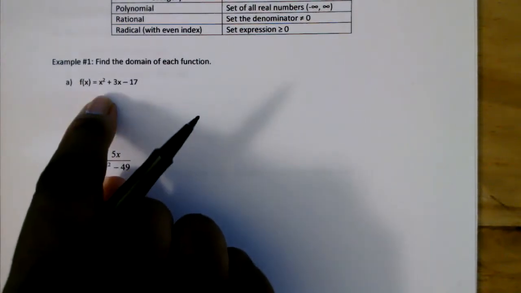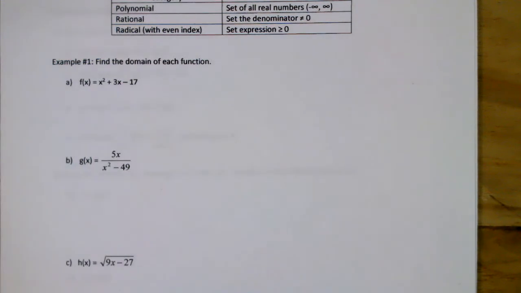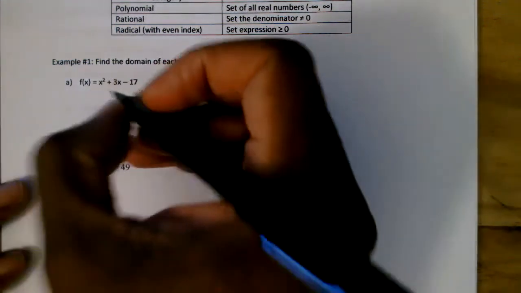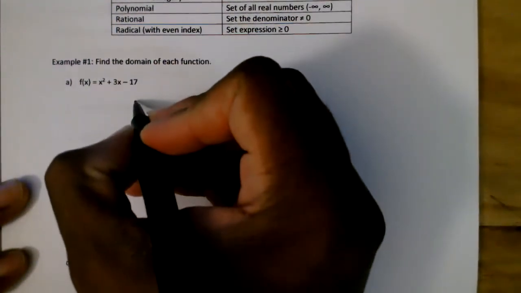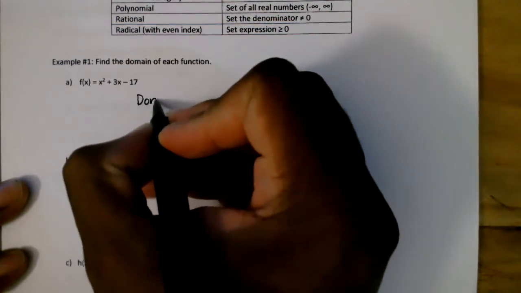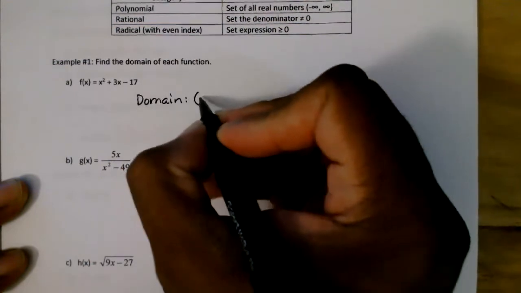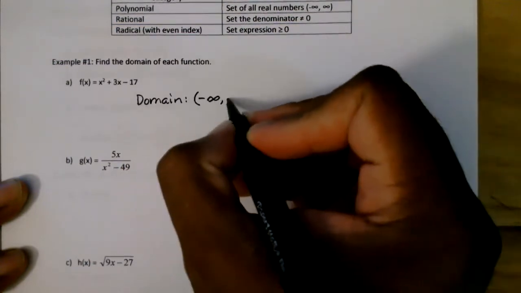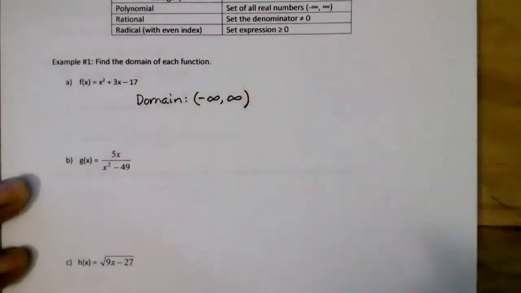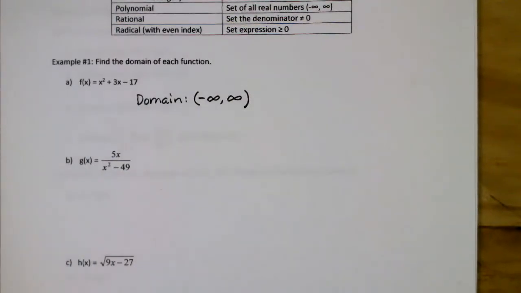Any x value that you assign to it, you will always get an f of x value for it. So for a polynomial function like this one, its domain in interval notation would be from negative infinity to infinity. So it's going to be the entire number line, if you were to shade this.